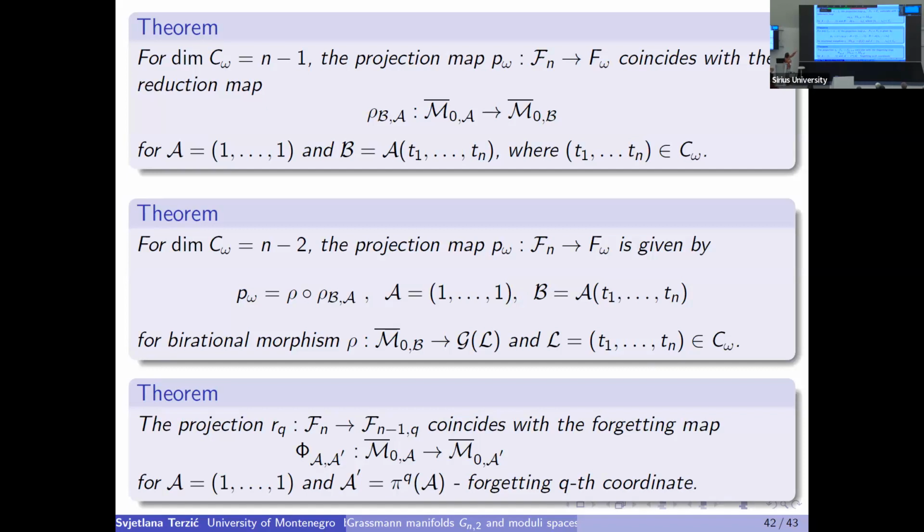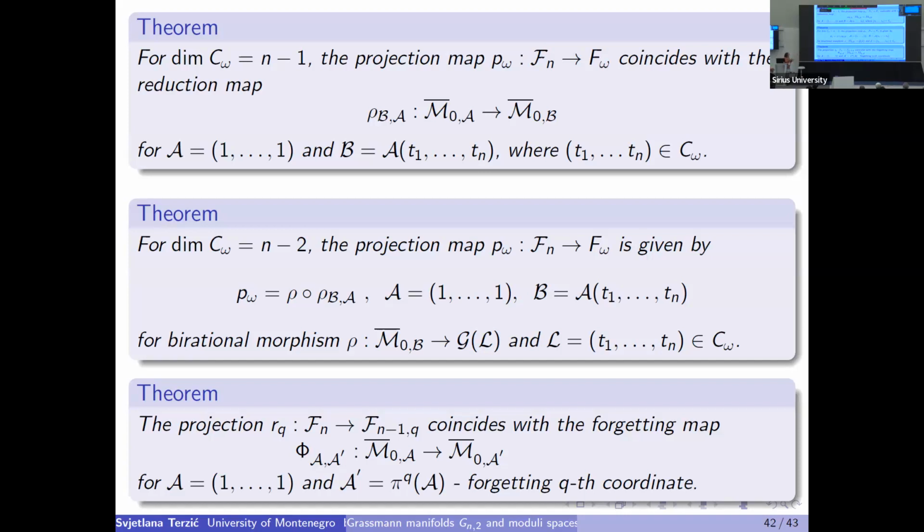When the dimension of C omega is n-2, because we do not have an isomorphism between F omega and the geometric invariant theory quotient, our projection P omega coincides with the Hassett reduction up to this map rho. And our projection RQ from Fn-1 Q, which was an ingredient in our model for the orbit space, coincides with the forgetting map given by Hassett.